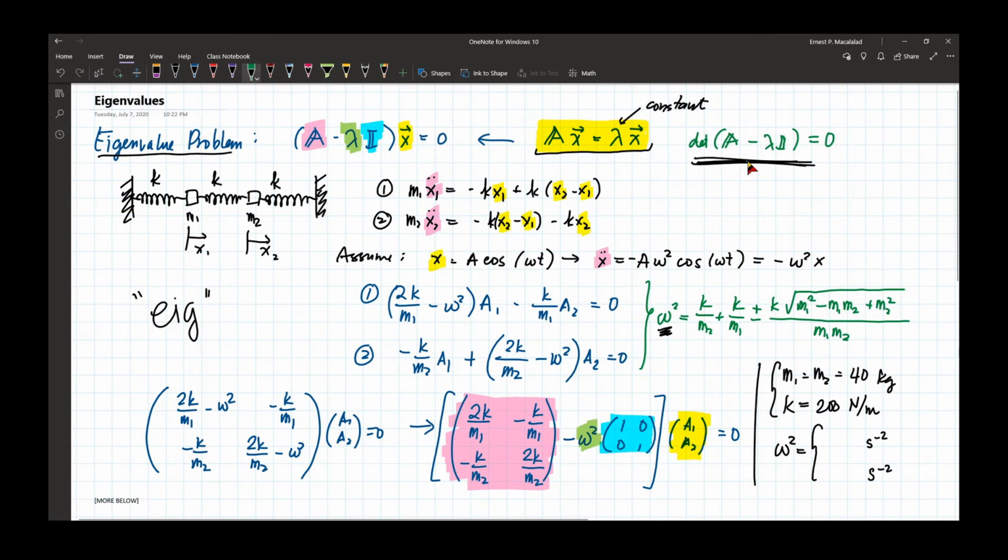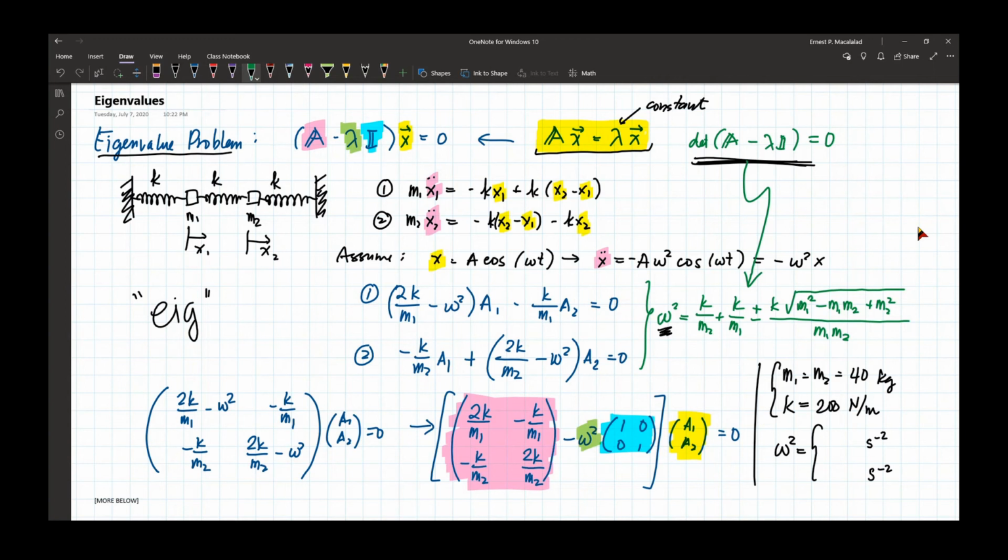Okay, now when you get the determinant, you will end up with this expression. Sir, is that plus minus? Two values? Yes, two values, because when you get the determinant, you'll end up with a quadratic equation in omega squared. So that will be omega to the fourth, etc. So you'll end up with this equation.